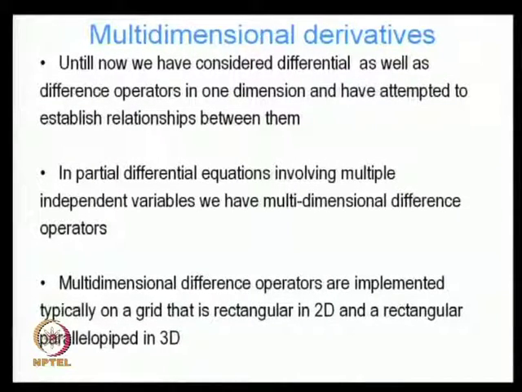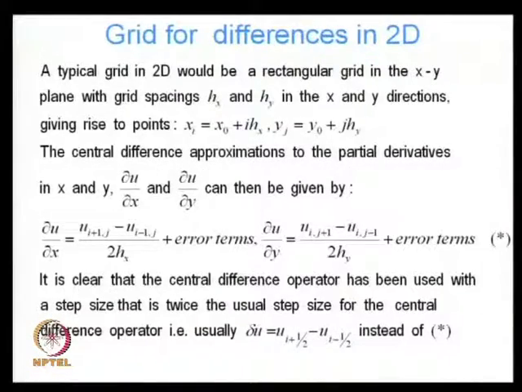Typically, multidimensional difference operators are implemented on a grid. In 2D it is usually a rectangular grid, and in 3D it is a 3-dimensional ordered grid, like a rectangular parallelepiped. A typical grid in 2D would be a rectangular grid in the x and y plane with grid spacings hx and hy in the x and y directions. My grid spacing need not be the same in the x and y directions.